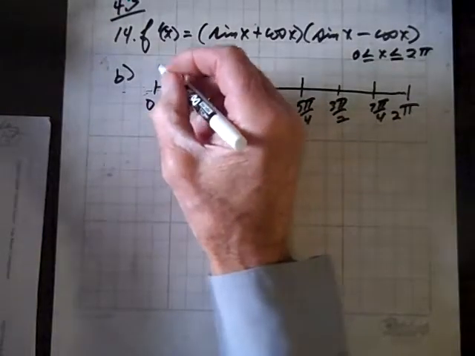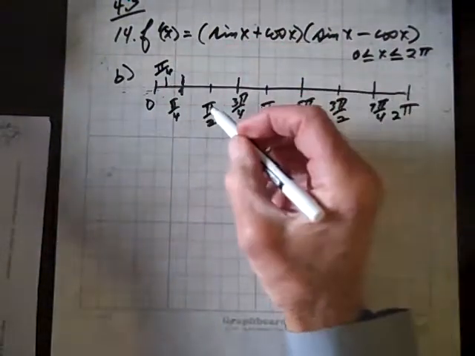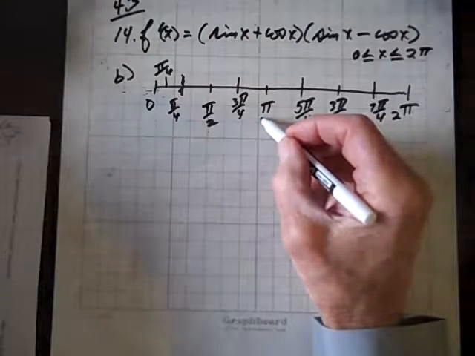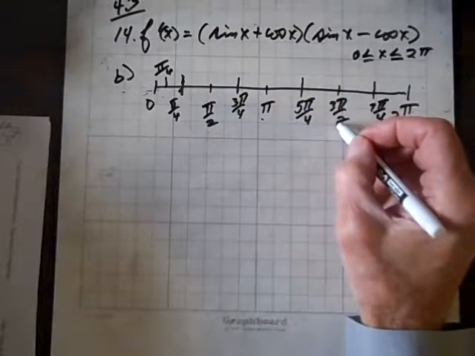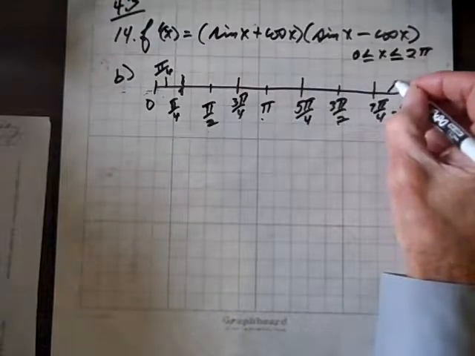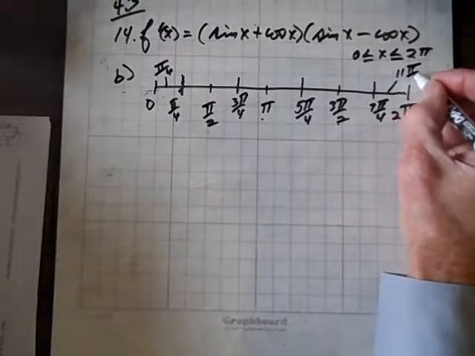Now, if you examine, let's pick a value in this interval. How about pi over 6? And we've got a value in this interval, it's pi over 2. We've got a value in this interval, it's pi. We've got a value in this interval, 3 pi over 2. Let's pick a value in this interval, and that's going to be 11 pi over 6.